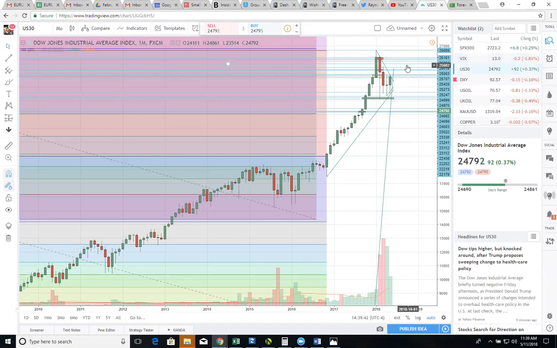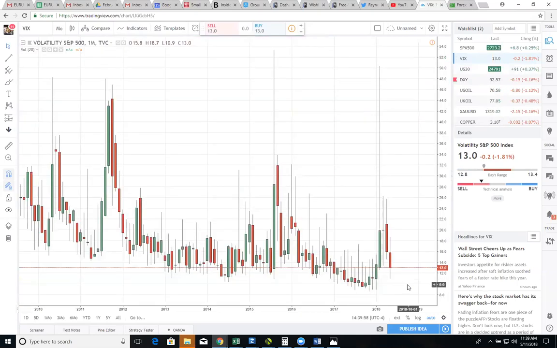Meaning you are in a space where you can make money really, really fast to the downside. So it doesn't matter if you buy an ETF or an option. This is what we're waiting on, actually. Okay. So that's within the S&P.